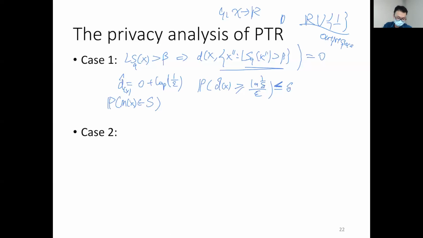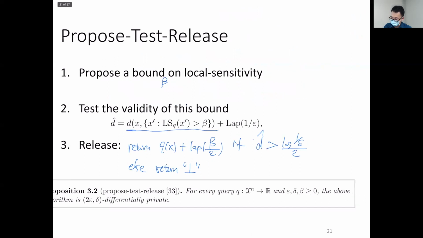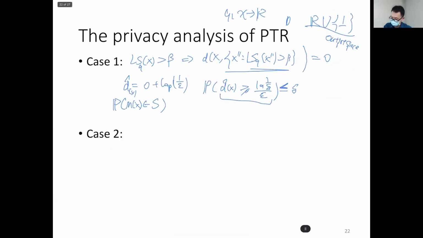So S is an arbitrary measurable subset of this output space, and we should also define this event. Is it strictly greater than or not? Let's make this strictly.